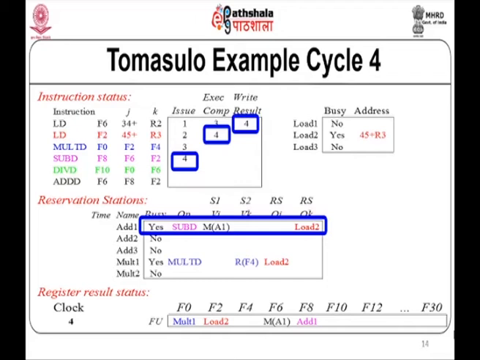For the sub instruction, the operands are F6 and F2, which come from the two load instructions. One operand is already available, so it is read and stored there. The other operand has to come from the load 2 instruction, so the QK field indicates that load 2 has to produce the data for this instruction. All this happens during clock cycle 4.